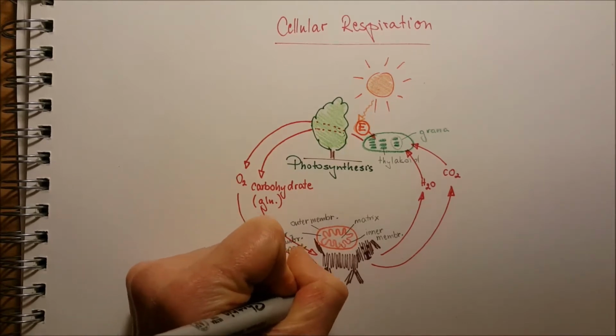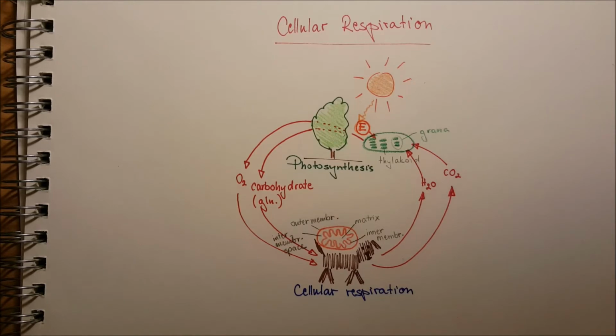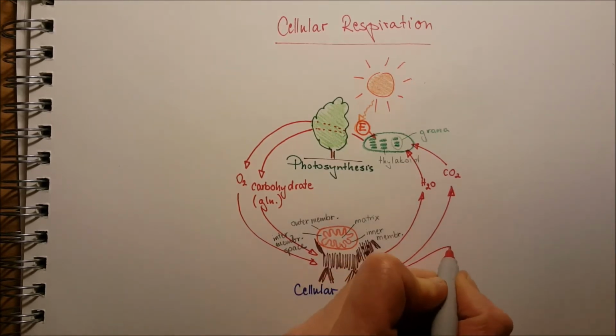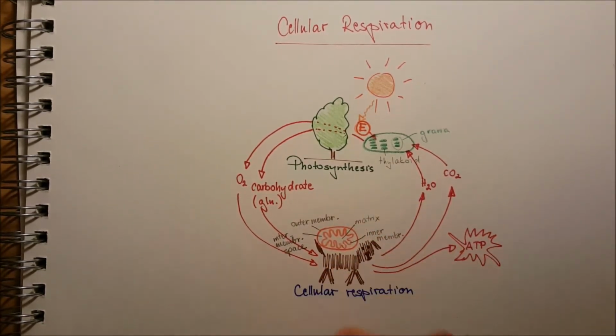So the dog is using the carbohydrate that the plant made through cellular respiration to produce its own energy, the useful energy, the ATP.